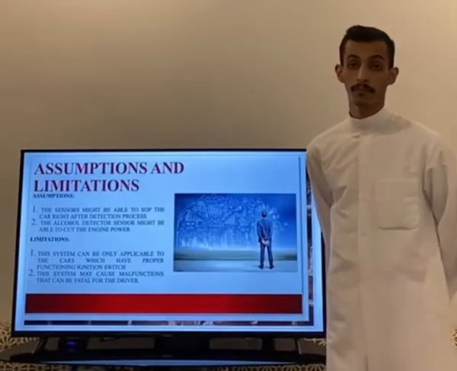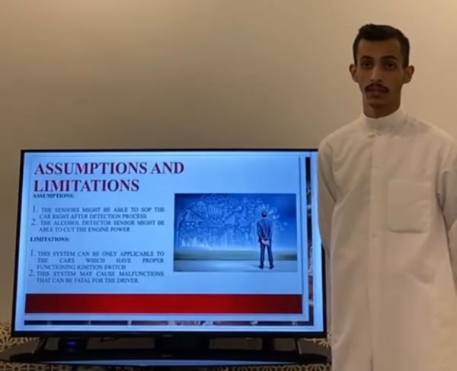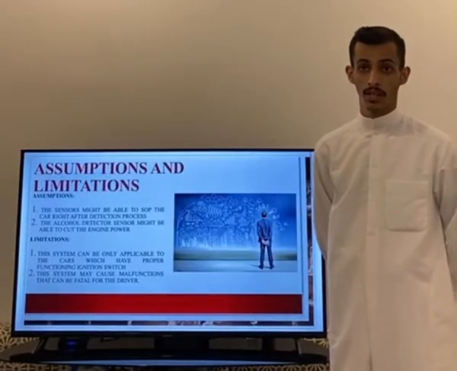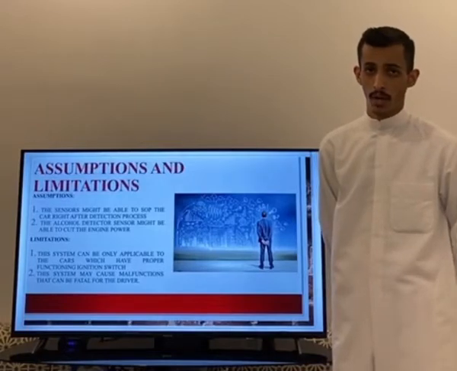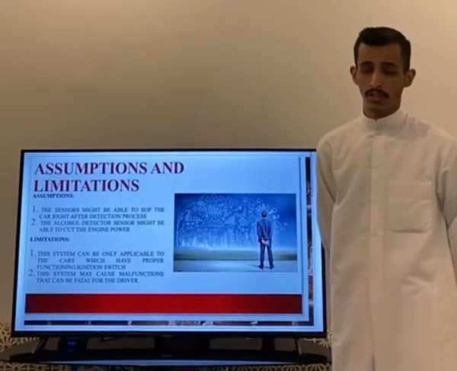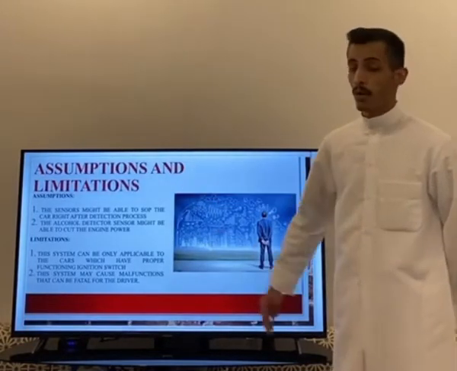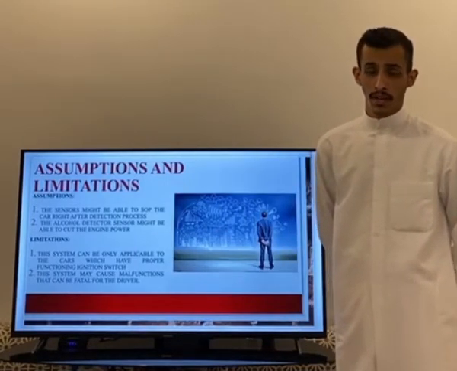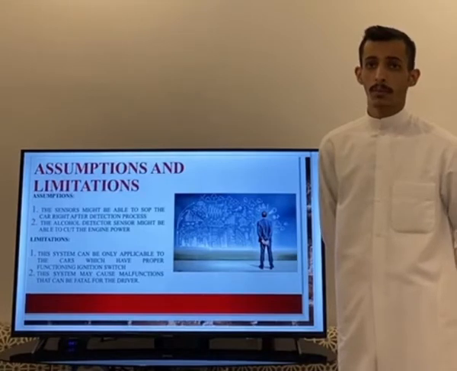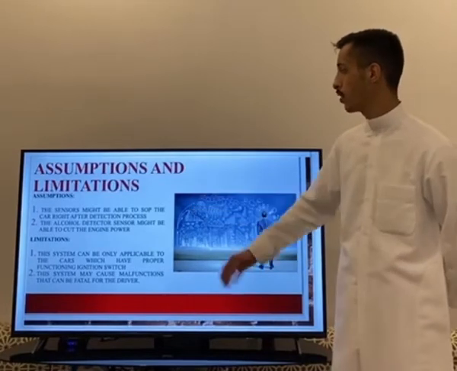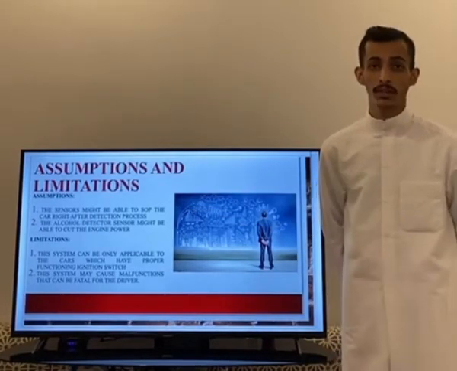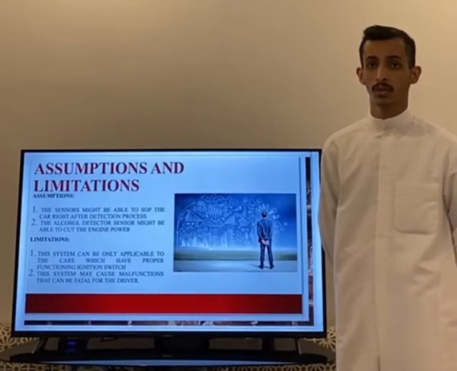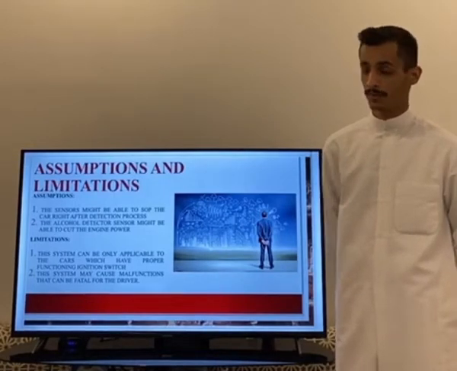In this slide we have discussed the assumptions and limitations related to our project, and these are given below. For number one, the sensor might be able to stop the car right after the detection process. For number two, the alcohol detector sensor might be able to cut the engine power.